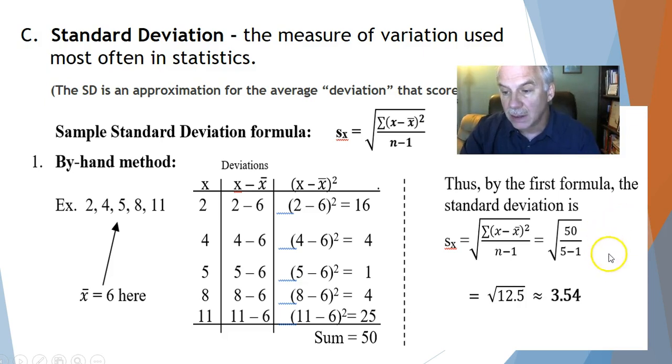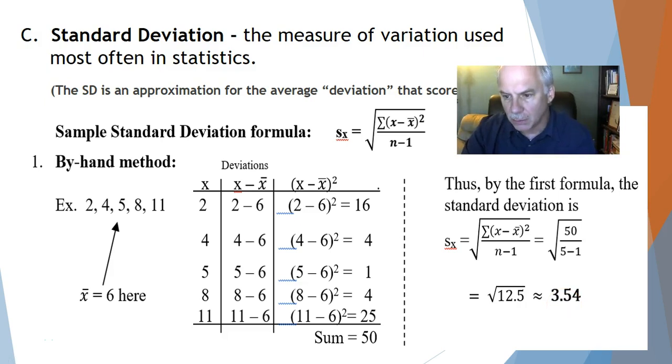I deleted the item at the far right here that you see my cursor near, the 250 over 20. But the sum of all those was 50 divided by 4, because 5 minus 1 is 4, and 50 divided by 4 is 12.5. And so we take the square root of 12.5, and you have 3.54.